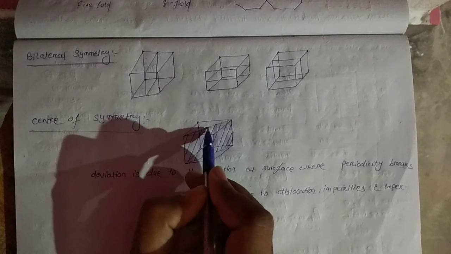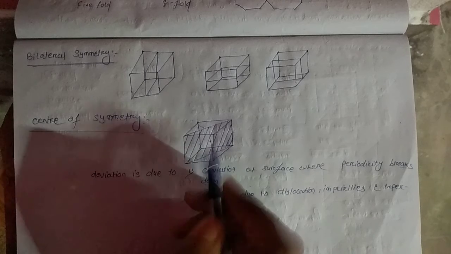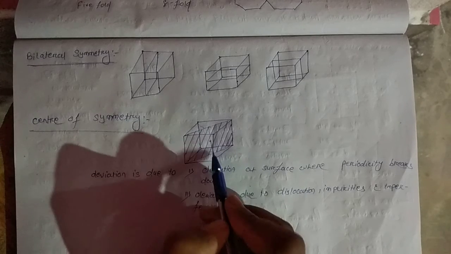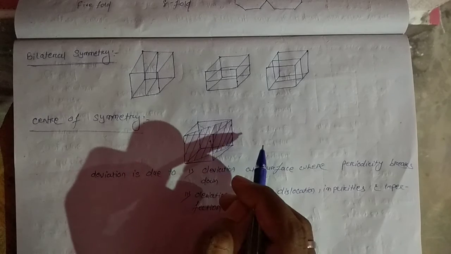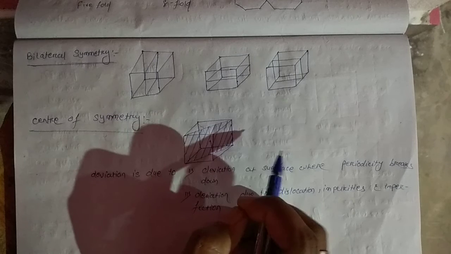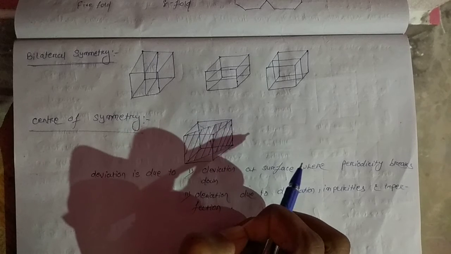Suppose this upper part is plus r and the lower part is minus r, so each distance will be equal.